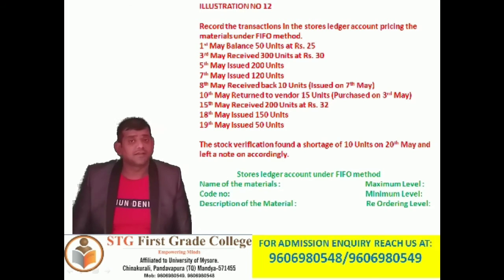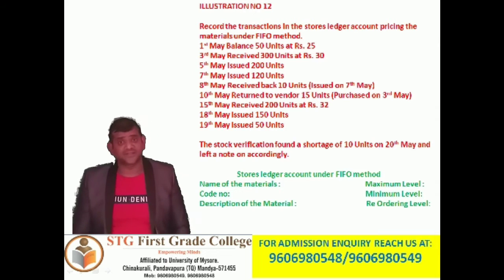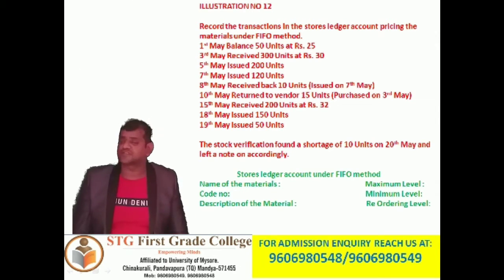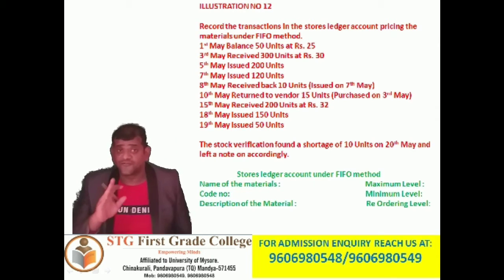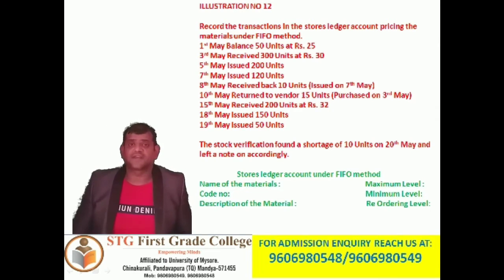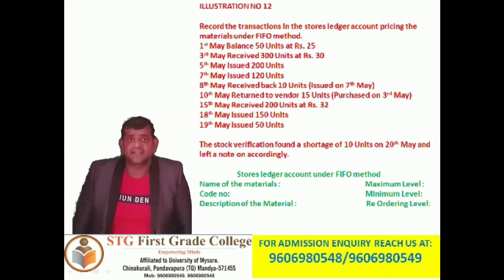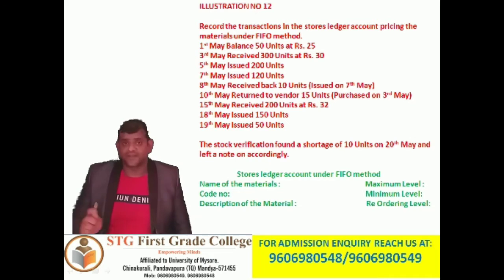So now in this problem you are supposed to understand that there was an opening balance, which has been given as a balance of 50 units. So that is on 1st May. So 1st May there was a balance of 50 units. Clear? That balance is nothing but opening stock.